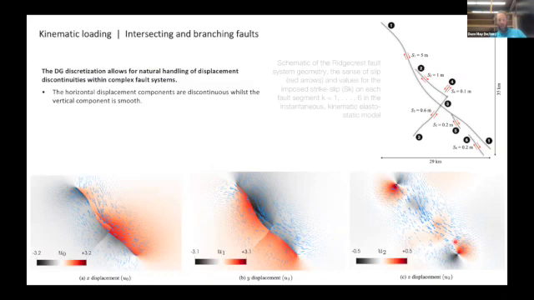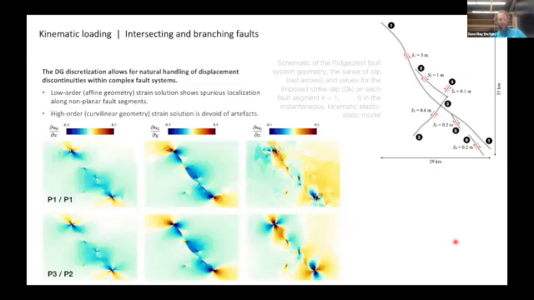So in the eyeball norm, it looks great. When you look at the gradients of the displacement, you see fairly large artifacts when you use low order meshes, so low order geometry representations and low order function space. So that's what these panels show here. This is the gradient of the displacement field as a proxy for what the stress might look like.